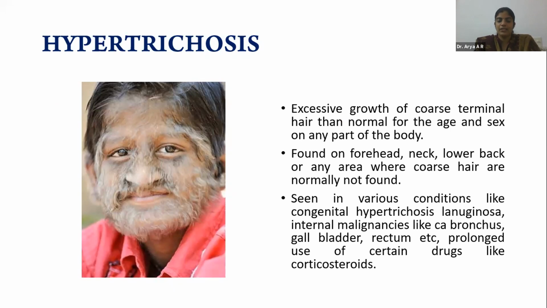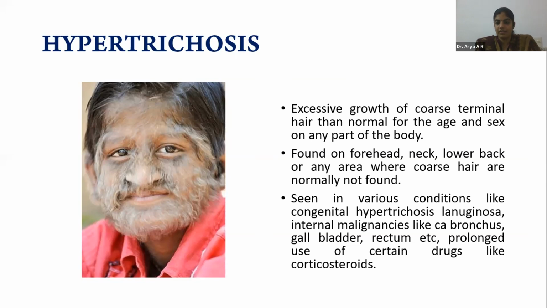It is commonly found on the forehead, neck, or any area where coarse hairs are not normally found. And this is seen in several conditions like congenital hypertrichosis, or some internal malignancies like gallbladder and rectum CA. It can also occur while using some medications containing corticosteroids. If they are on this medication, there is a chance to develop this hypertrichosis.